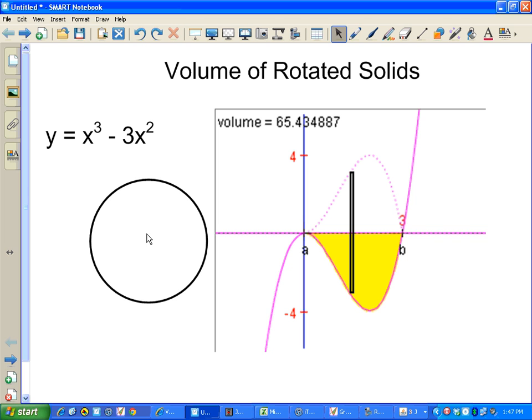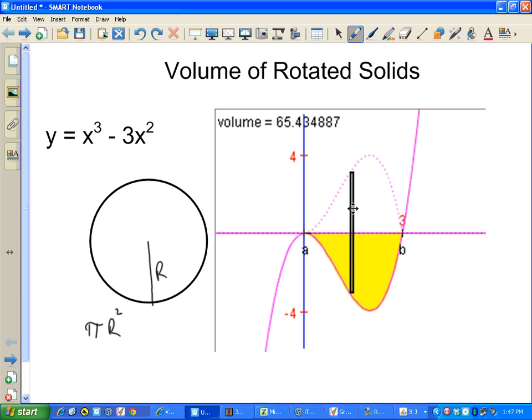Now, the area of this disc is the same as the area of any circle. I'm going to have some radius, r, and the area would be pi r squared. That would be the area of this disc.